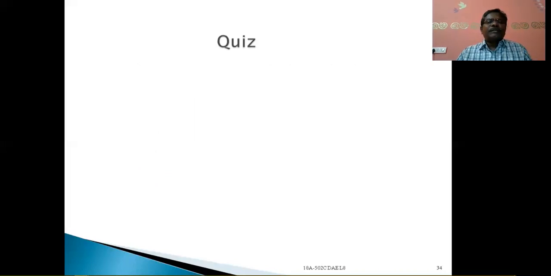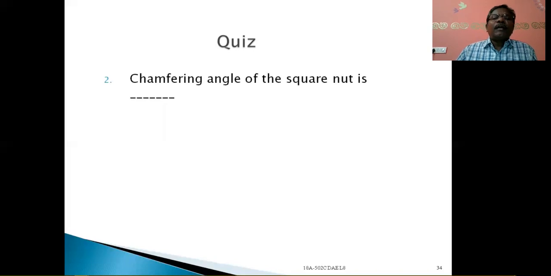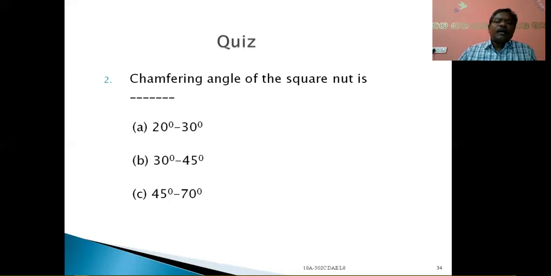So next is chamfer angle of the square nut is 20 degrees to 30 degrees, 30 degrees to 45 degrees, 45 to 70 degrees, and 75 to 90 degrees. Whichever is the right answer.